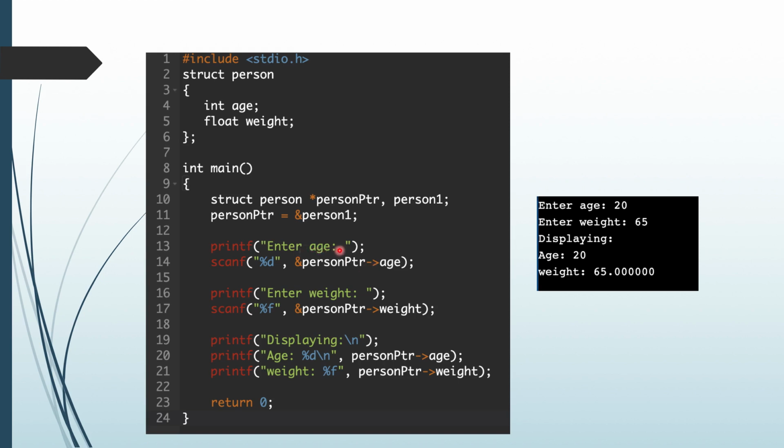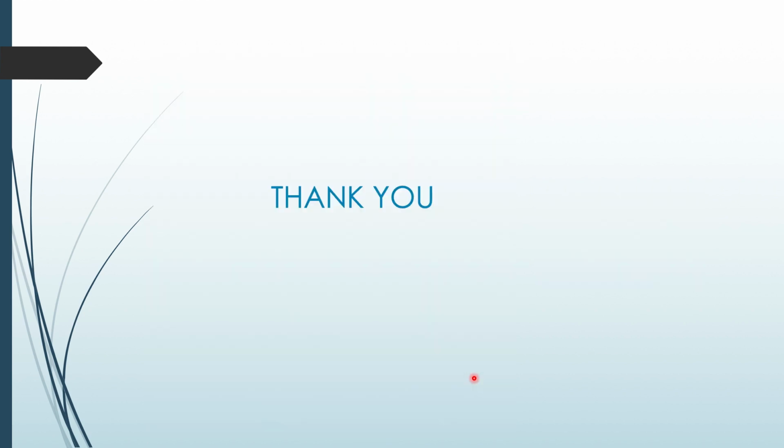So printf "enter age", scanf %d, personPtr->age. Next, I'm getting weight, and while displaying also, the same way: personPtr->age and personPtr->weight. So that's all about this structure.